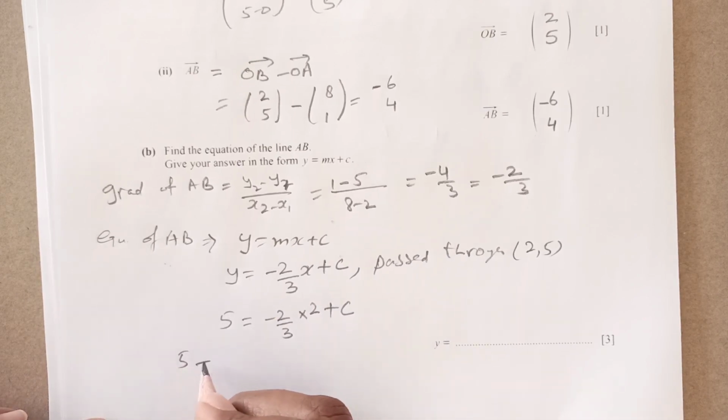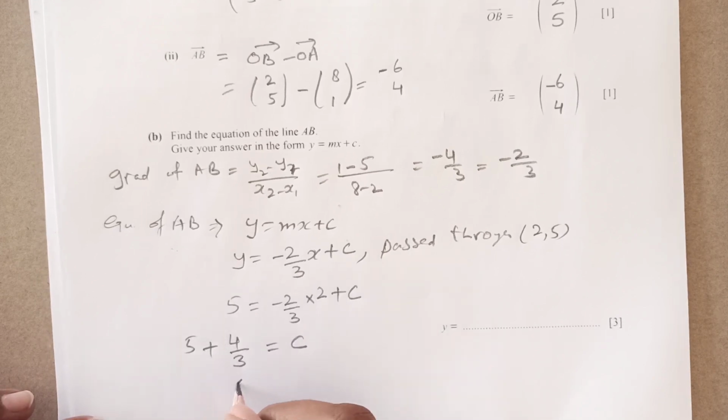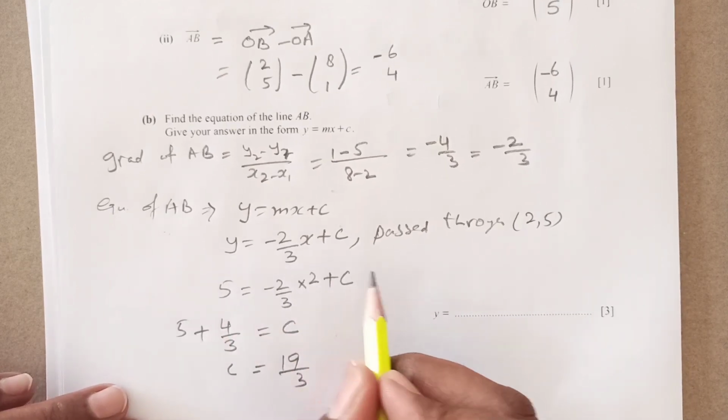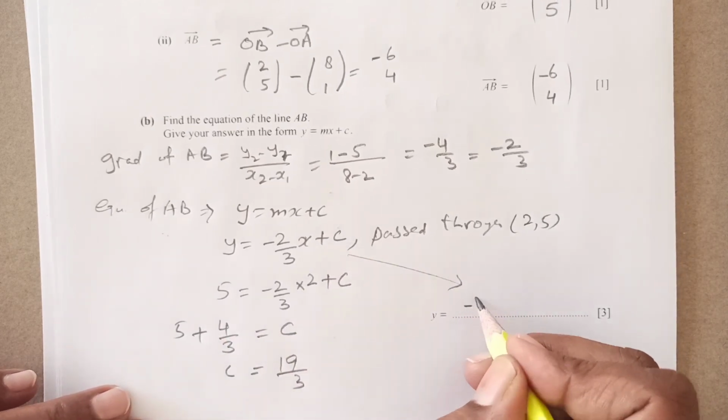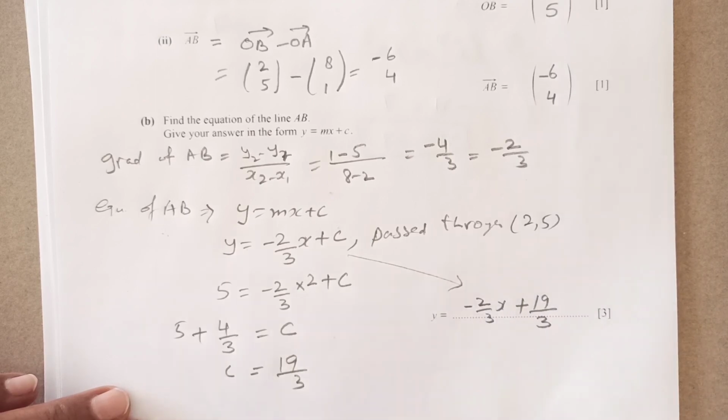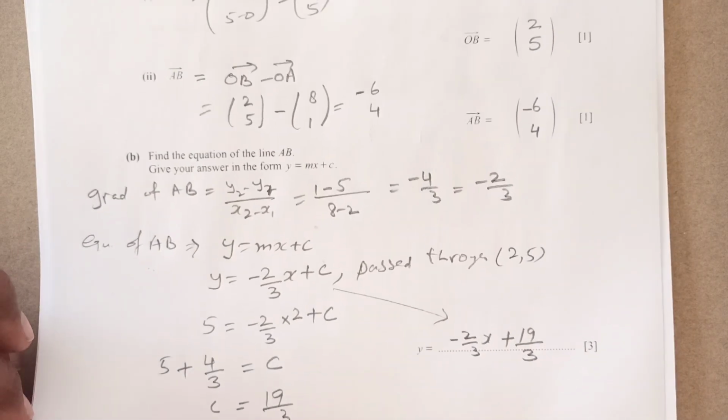So bringing this side the value, c is 5 times 3, 15, plus 4 is 19 over 3. So the equation of the line is going to be y = negative 2 over 3x plus 19 over 3, right? So that's the final answer for the equation of AB.